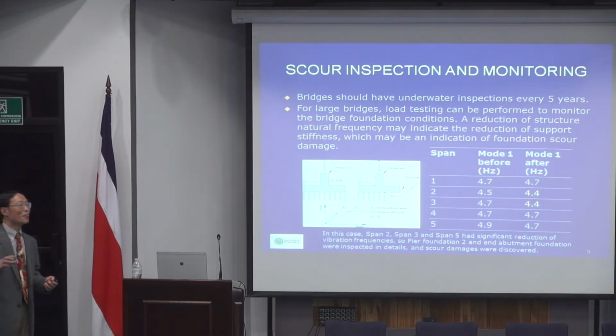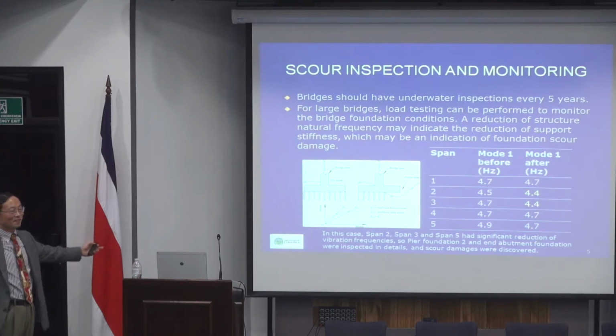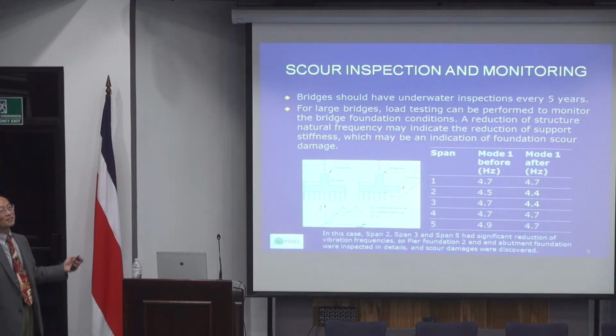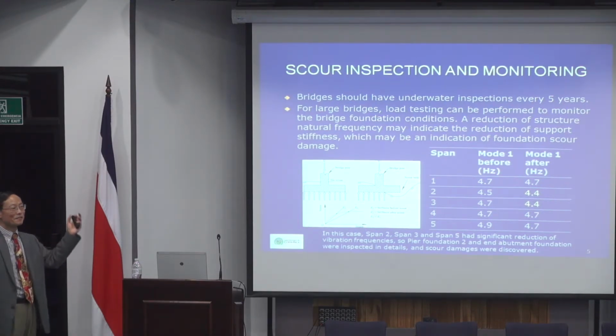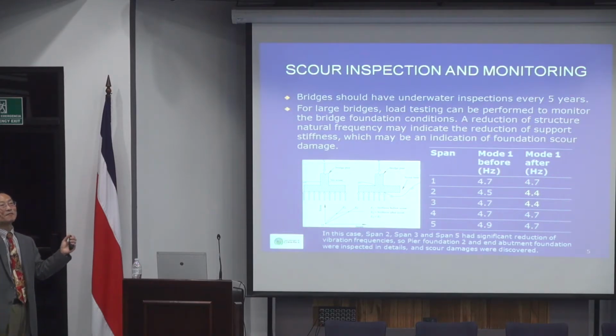Of course, we assume the superstructure does not change, but if a substructure becomes weaker, for example if we have scour, the stiffness will be smaller. Once you have a weaker support, just assume you have a spring at the support and now the spring becomes weaker, the vibration frequency will change.